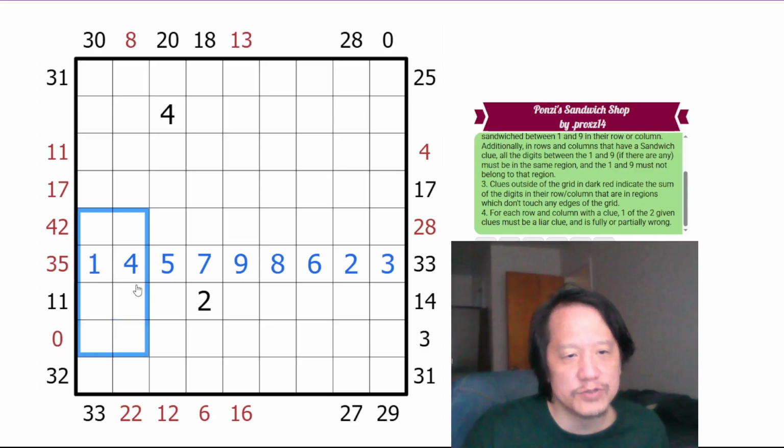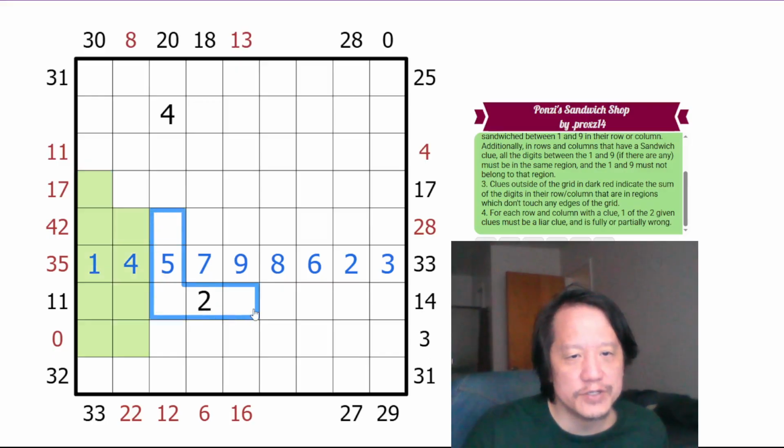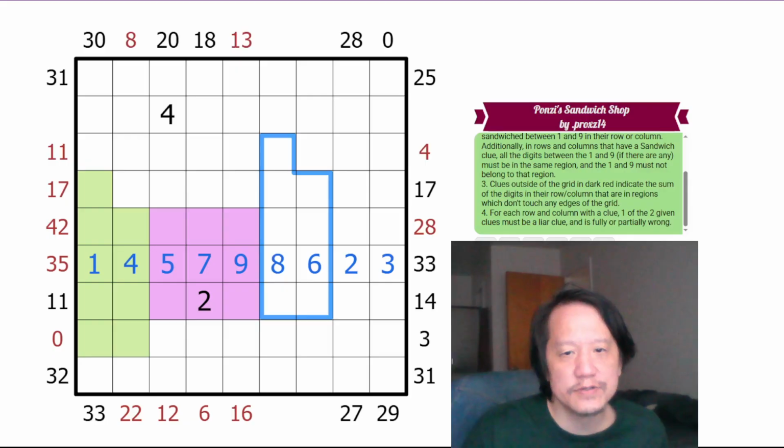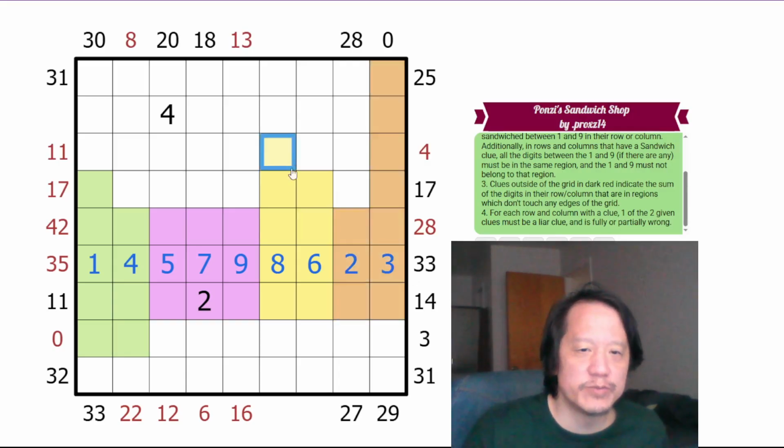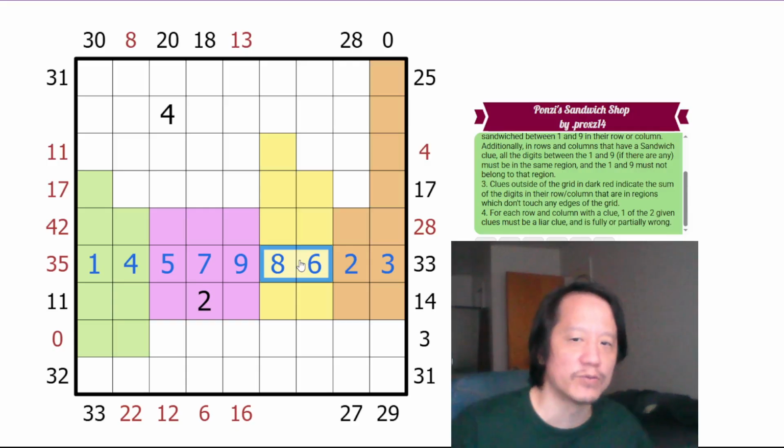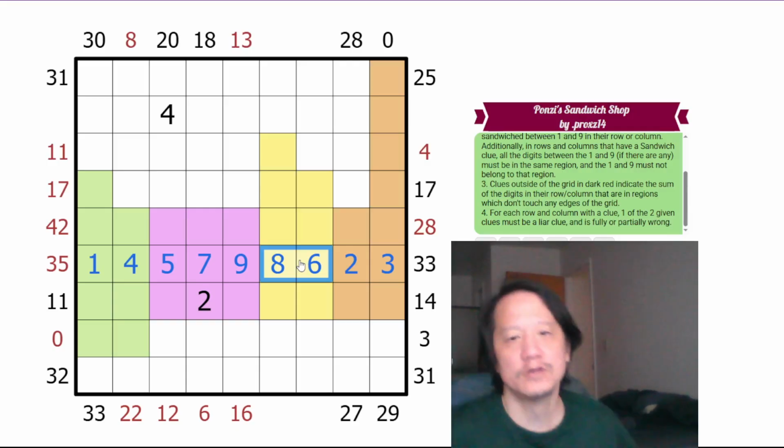So say this was a region here, and we had some region here, and then another region like this, and then a region like this. This would be valid because these digits are in regions which don't touch the edge of the grid. So that's how the red clues that are outside the puzzle work.